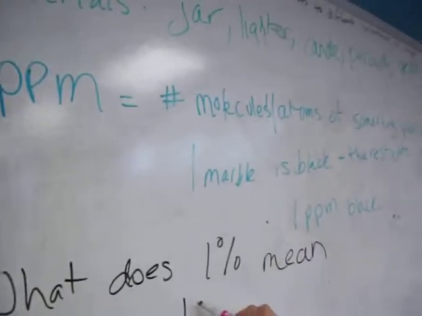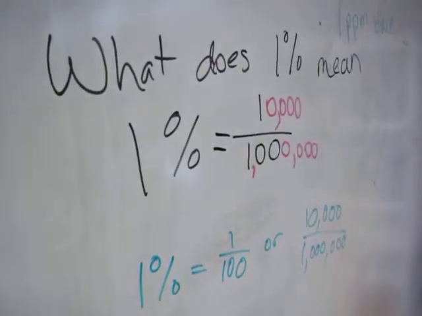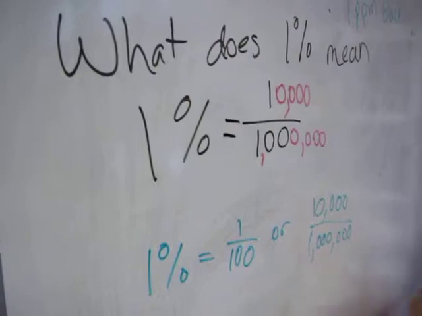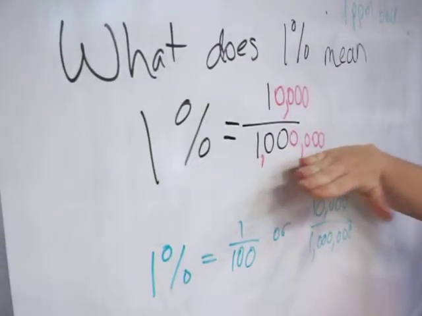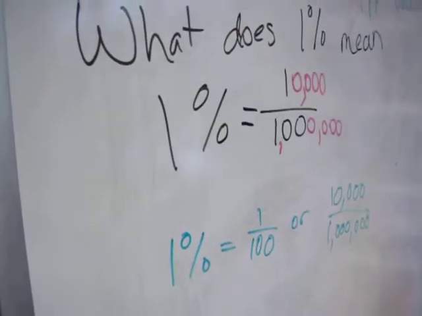So all I have to do is add 4 zeros to the top so that I'm balancing it and getting the same. And that means that 1 out of 100 is exactly the same as 10,000 out of a million. Okay? See how I added 4 zeros to both to find out essentially parts per million. I added my 4 zeros to both.